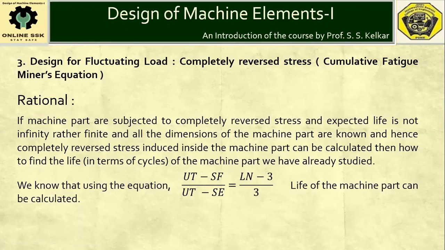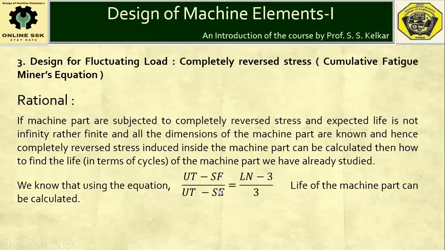Secondly, if dimensions and loading condition are given and we need to find out the expected life of the machine part, if the applied load is completely reverse and dimensions are specified, then of course the induced completely reverse stress can be calculated, that will be named as Sf.